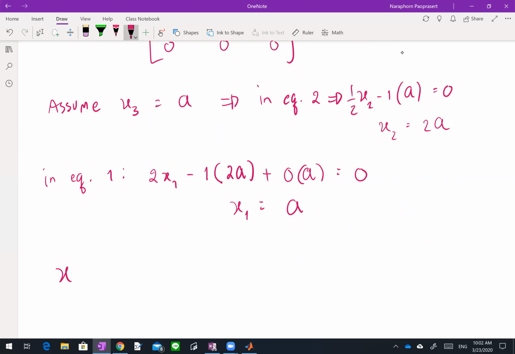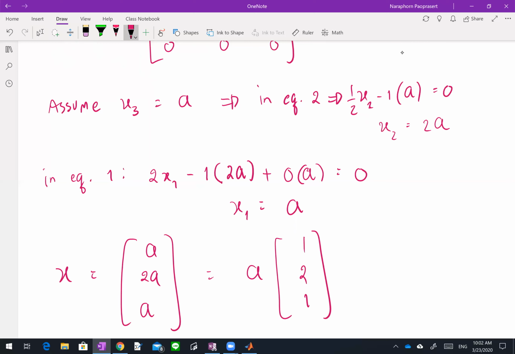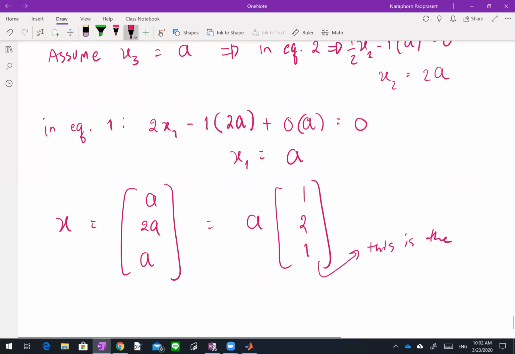So x equals a, 2a, a, and again, you pull a out, it's just 1, 2, 1. So this is your first eigenvector, the eigenvector for lambda equals 1.